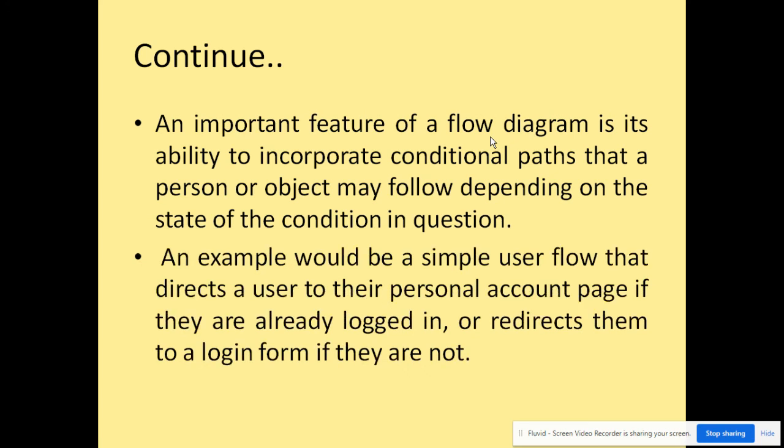Suppose here there is a small example where the user has their own personal account. Suppose users are already logged in, or they are redirected to a login form page if they are not. Means what? Suppose you have an account in Facebook, right?